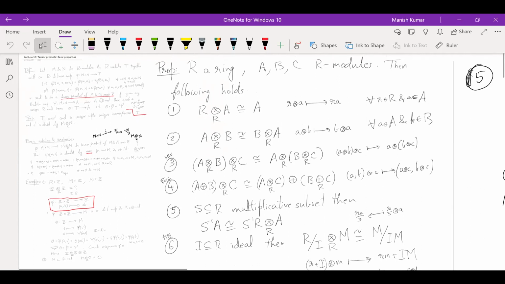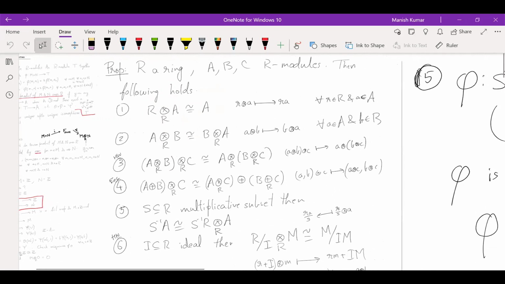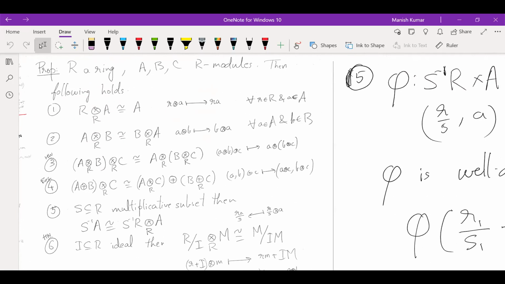So these are some basic properties of the tensor product. Suppose R is a ring and A, B, C are R-modules. If you tensor with R over R, then R tensor A is isomorphic to A. In fact, you can say what the isomorphism does.